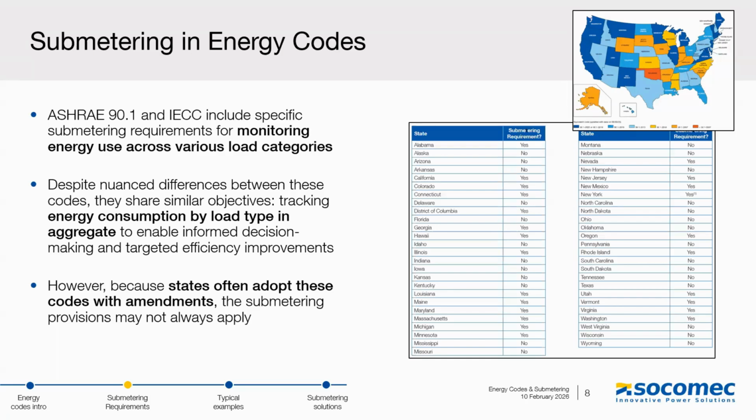So it's almost an annual process of checking if a state is concerned by the submetering requirements, because they might enforce the latest energy code version, but even if they do, they might have amendments where they want to exclude the submetering requirements.